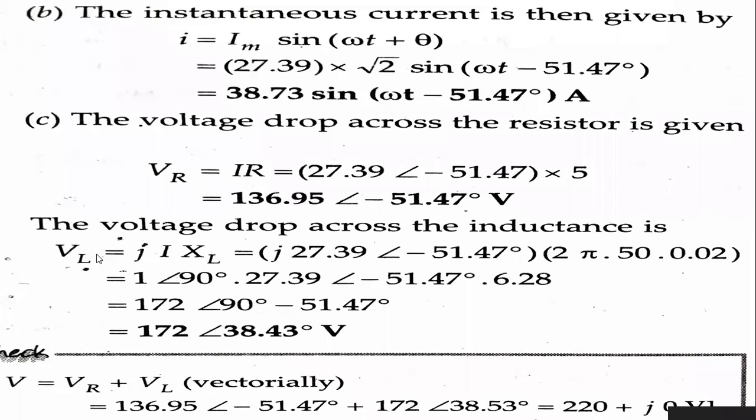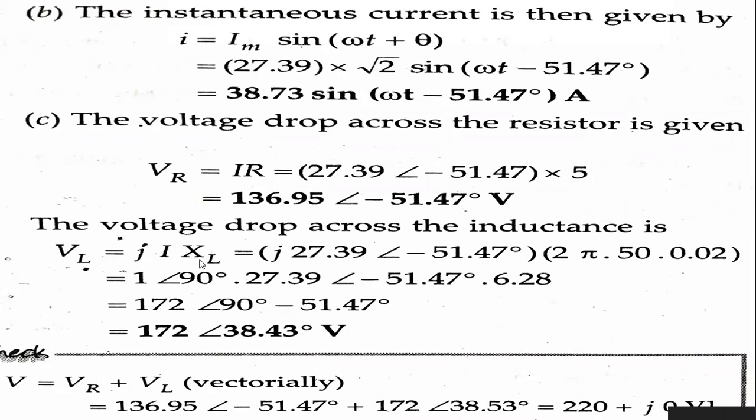Next is the voltage drop across the inductor, which you can calculate as VL is equal to j I XL. Here we are taking it as imaginary while solving the AC analysis and the voltage drop across it in the sinusoidal waveform. Remember, VL will always be j of I XL. So I is again the effective current, that is 27.39 angle of 51.47 degrees, bracket close.